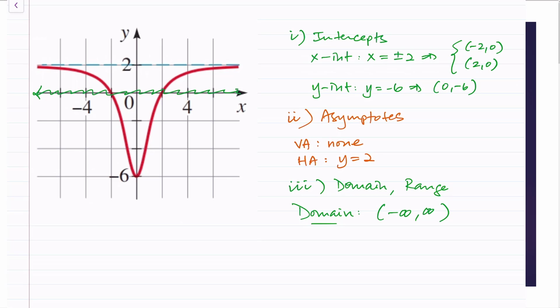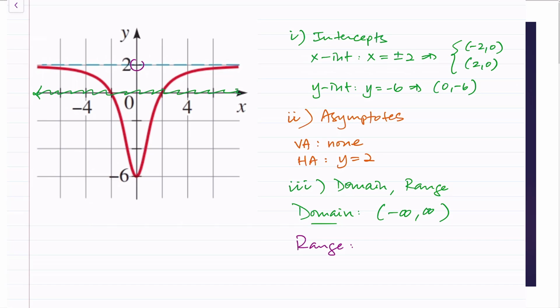As far as the range is concerned, it's not everywhere. Actually, the function does not achieve y equals 2. It approaches that horizontal asymptote as closely as you may want, but there's no x value you can put into the function that's going to cause it to spit out y equals 2.